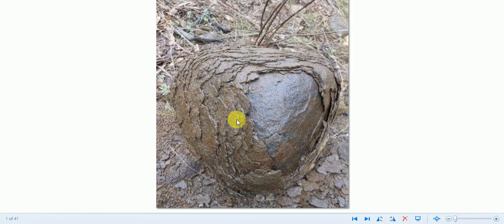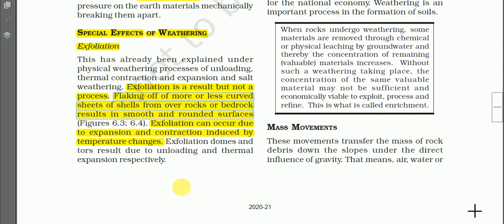This process of peeling off from a rock is due to thermal expansion and contraction. And due to this expansion and contraction process, exfoliation domes and tors result, due to the unloading and the thermal expansion that we have discussed earlier.